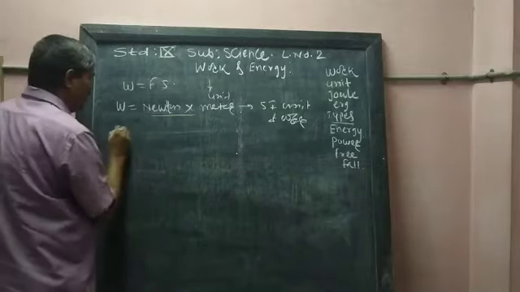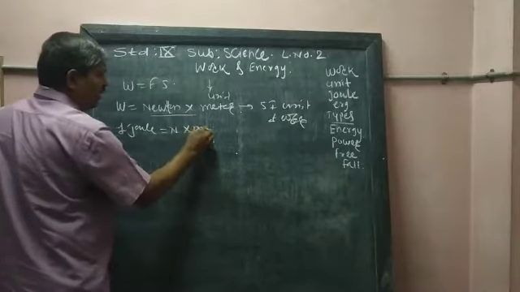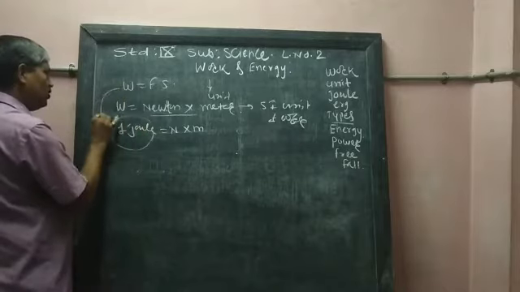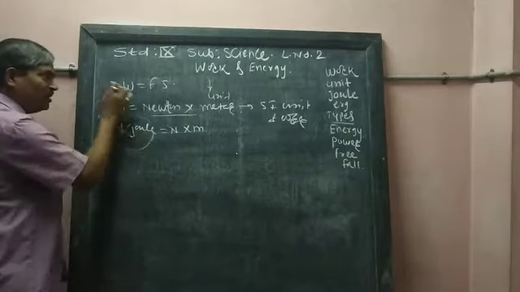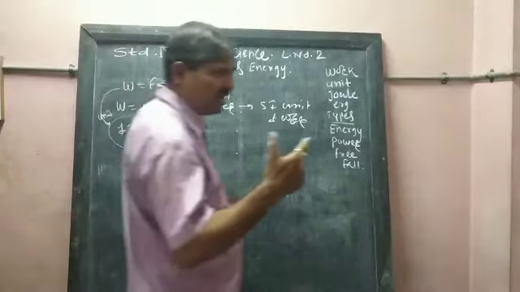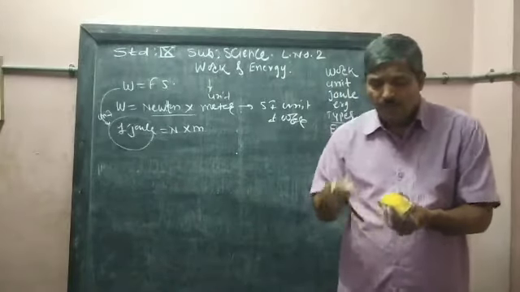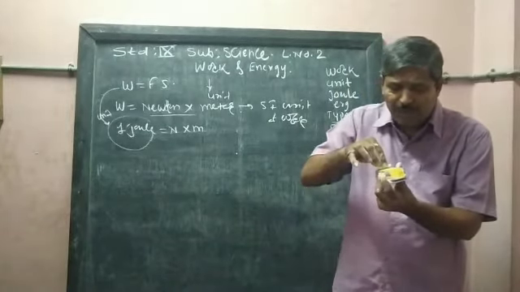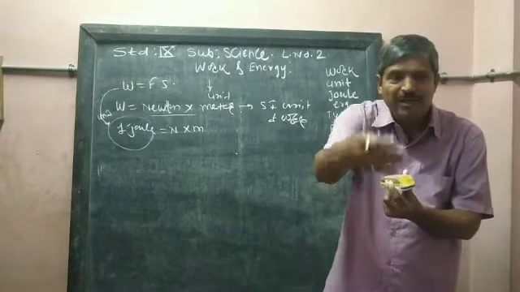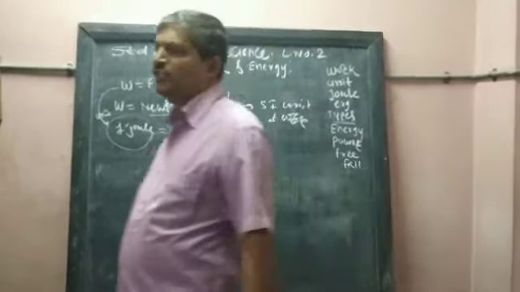Newton meter means 1 joule. 1 joule is equal to 1 Newton into 1 meter. So joule is the unit of work. What is meant by 1 joule then? Can anybody tell what is meant by 1 joule? The definition of 1 joule is that when 1 Newton force is applied on a body and the body covers a distance of 1 meter, that is called 1 joule.